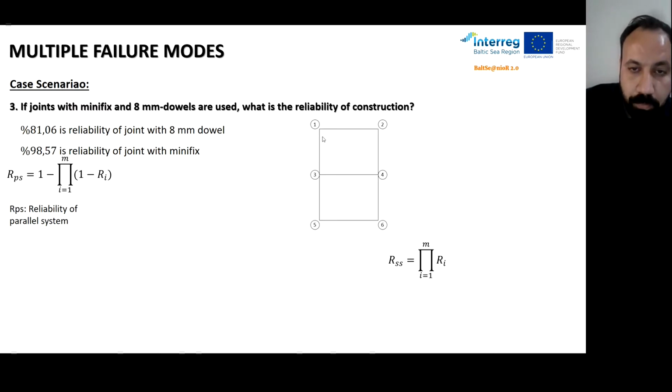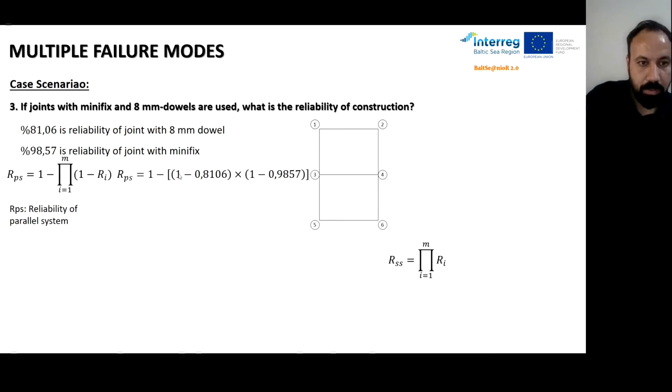First, I need to find the reliability for one joint if I use 8 mm dowels and Minifix. My equation is here. I need to multiply 1 minus the Minifix reliability by 1 minus the 8 mm dowel reliability, and then subtract it from 1.